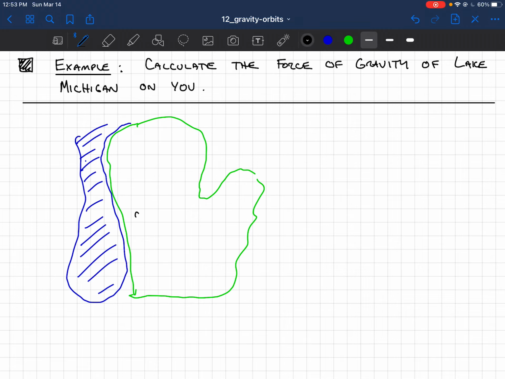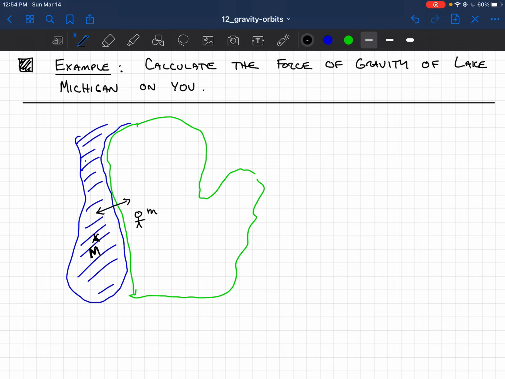And maybe you're standing over here in Western Michigan, and you have little m right there. And then big M, let's call the mass of Lake Michigan. We'll place its gravitational center at the center of mass, but we haven't figured out what that means yet. So we'll place the center there.